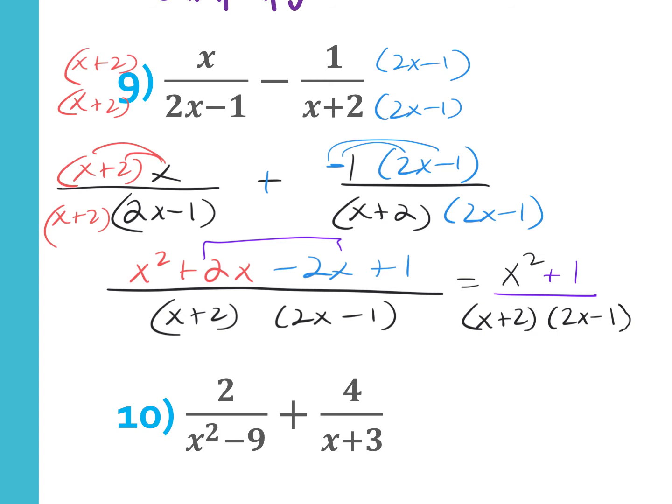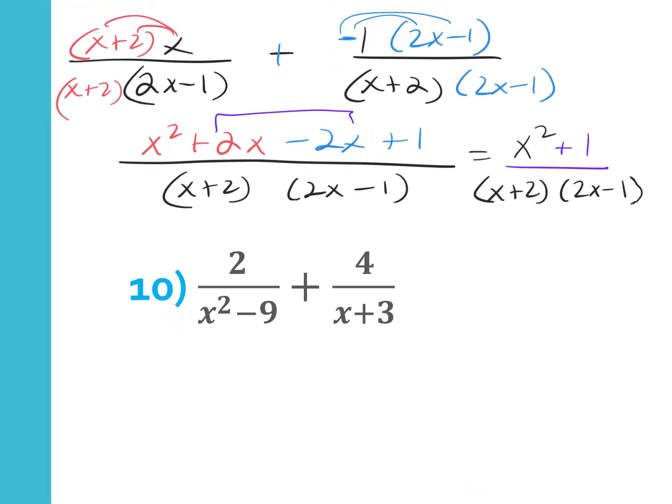Now, you always need to factor the denominator before you look for a common denominator. If you don't factor it, then your problem's going to get really ugly, okay? Because if you think your common denominator is x squared minus 9 and x squared plus 3, you're going to get a monster that you're going to have to simplify in the end, and it gets really bad.